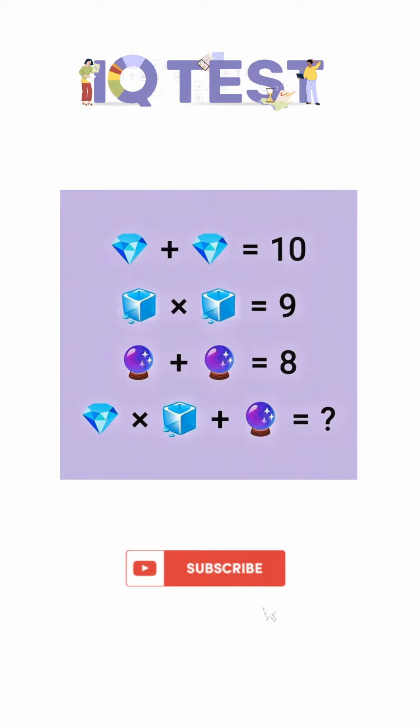Okay, yes. The diamond is 5. The cubes are 3, is true. The orb, the magical orb there is 4, is true. So we have the diamond 5 multiplied by the cube 3 plus the orb, which is 4.